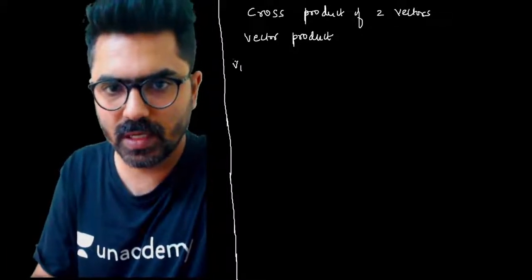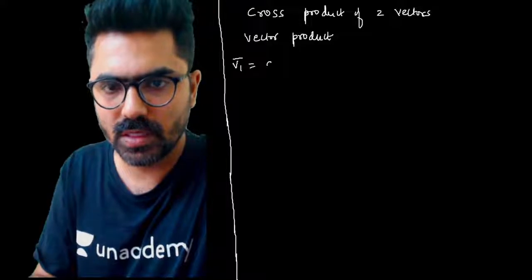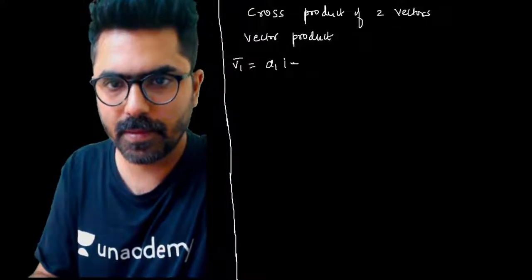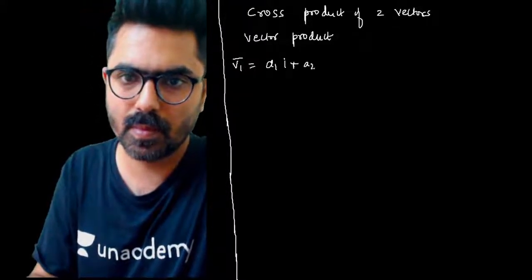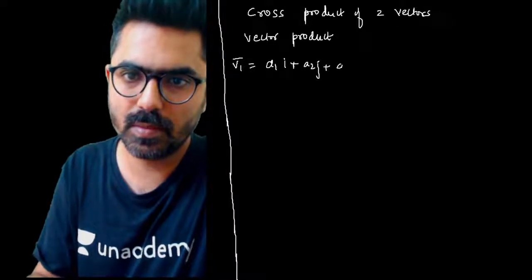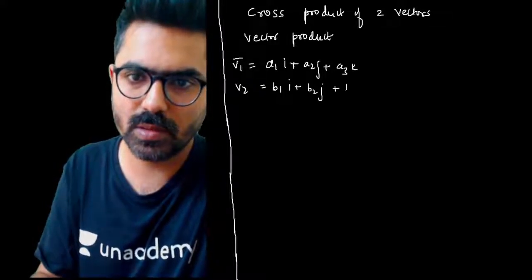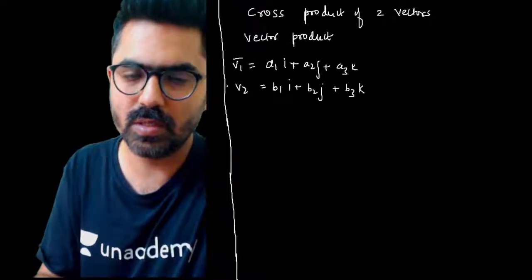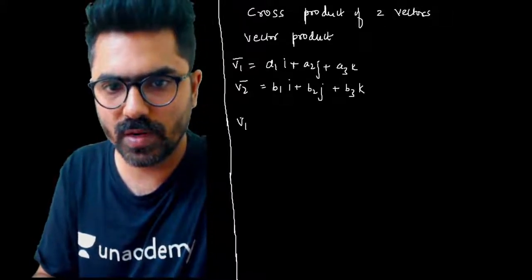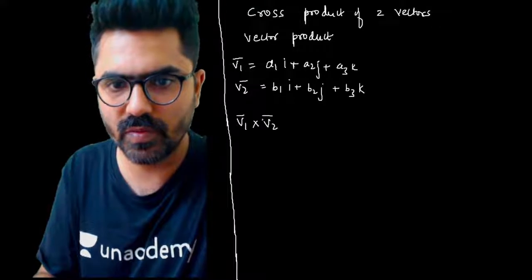Let's understand how to find the vector product. Let's say V1 is again A1i plus A2j plus A3k. V2 is B1i plus B2j plus B3k. So now we have to find V1 cross V2.